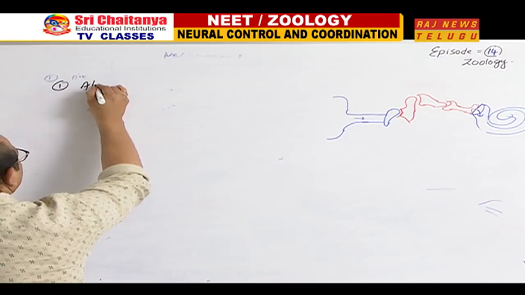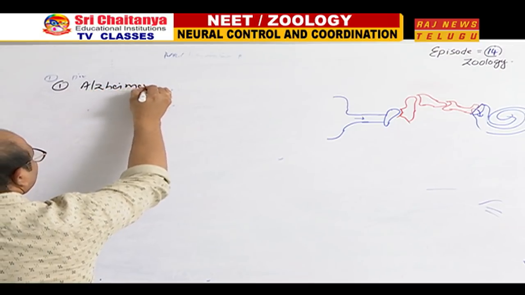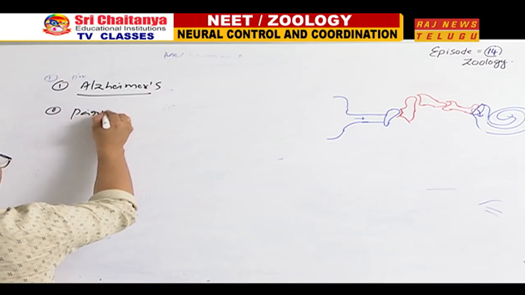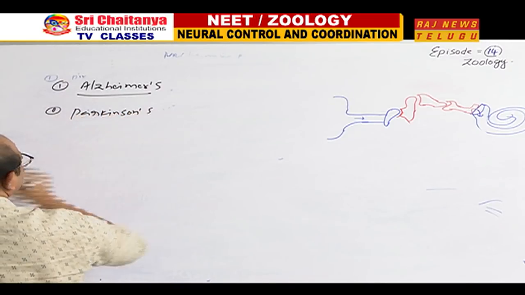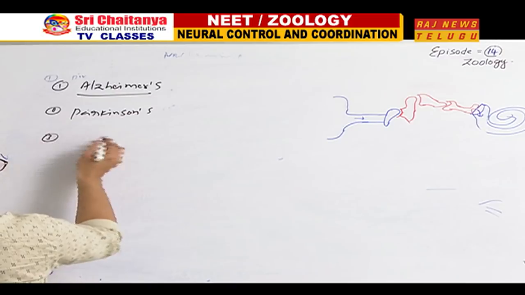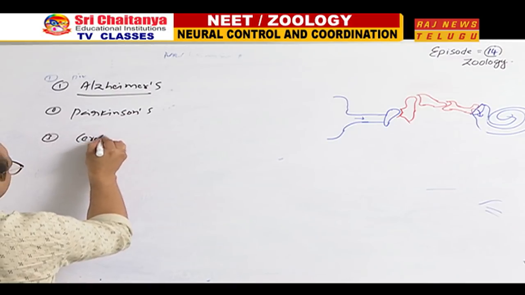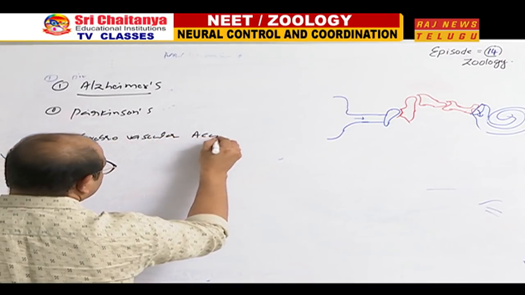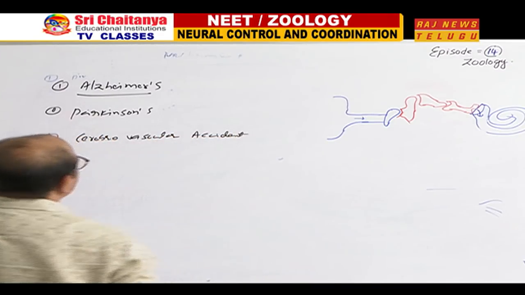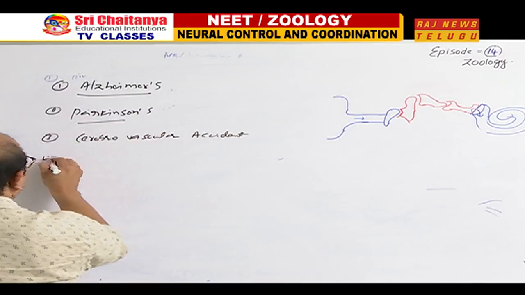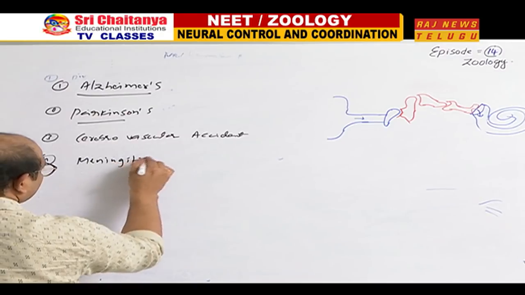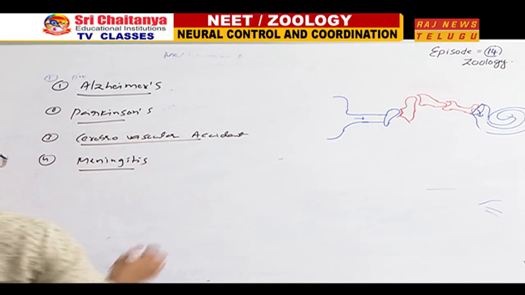One is Alzheimer's, second is Parkinson's, third is cerebrovascular accident, also called brain attack, and fourth is meningitis. Let me discuss these four.